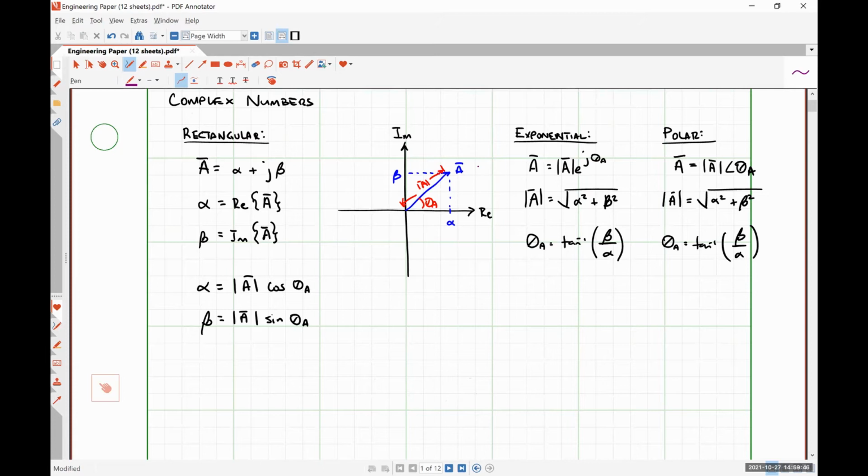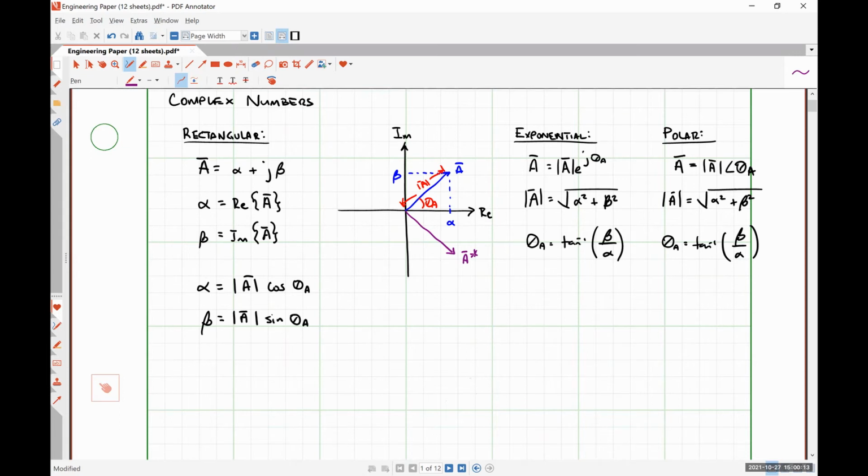So if we have a complex number A that lies in quadrant 1 then we will have a complex number A with an asterisk, which denotes the complex conjugate operation, all right?